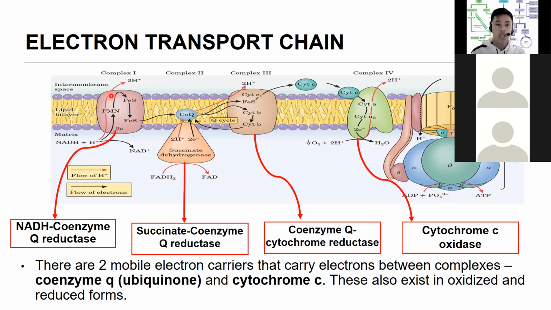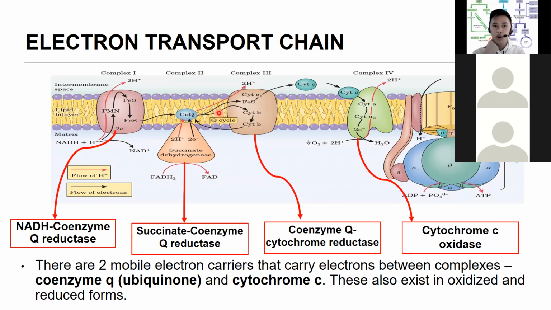So aside from the 4 complexes, your electron transport chain also has what we call mobile electron carriers. Because, as you could see there, the different complexes are separated from each other. So it's actually the responsibility of these electron carriers to carry electrons from one complex to another. That's why they're called mobile electron carriers.